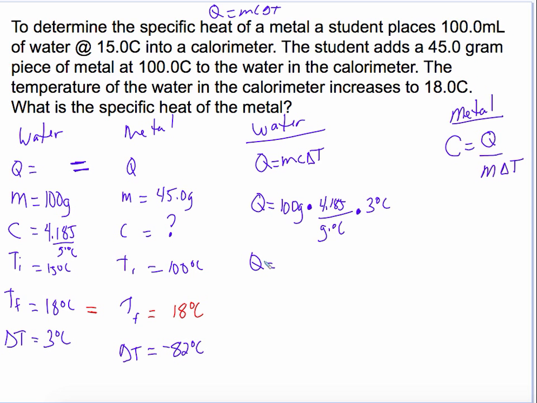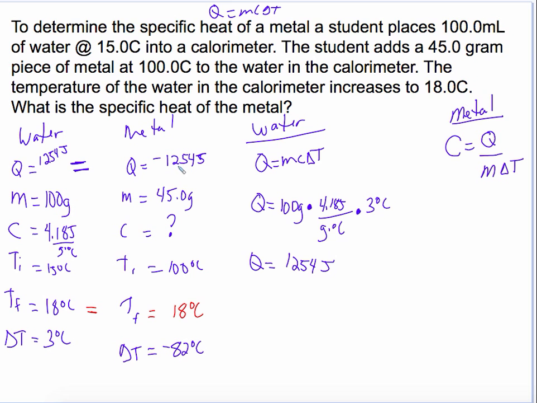So if I do that math, 100 times 4.18 times 3, that equals 1,254 joules. Okay, the water gained 1,254 joules. See, that's a positive number. The energy's going in. That must mean that the metal lost the same amount. To show that it's lost, you just put a negative sign there. The metal is cooling down.